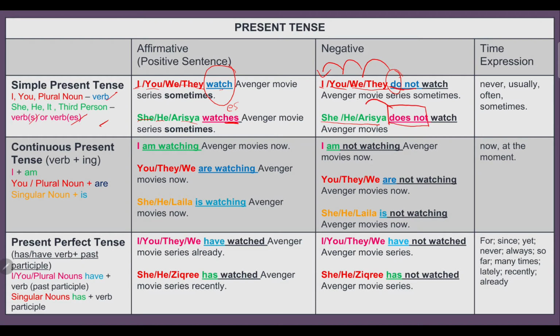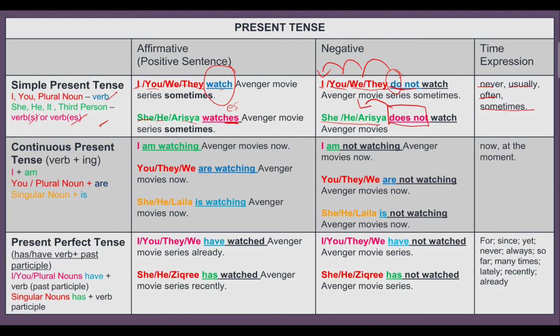So when we use does not, it indicates that the subject is singular. And as for the time expression, okay, we use never, usually, often, or sometimes. So when you see these time expressions, okay, it is a simple present tense.